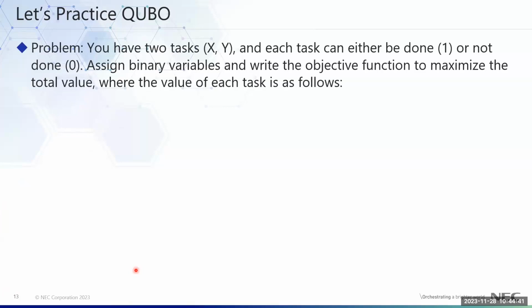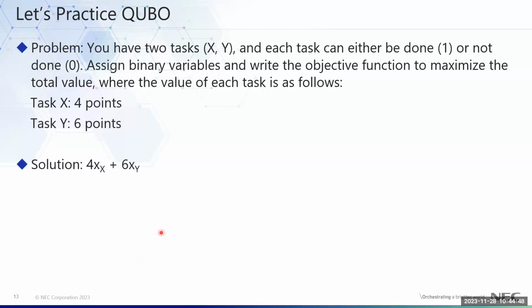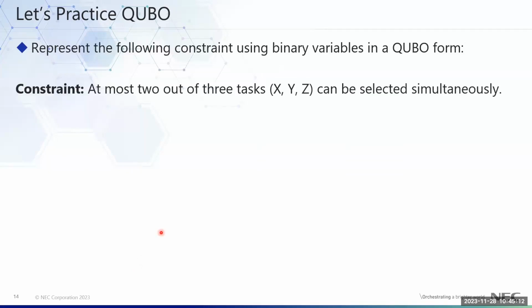Now, again very similar. Yes, we can do a quadratic example. This one's very similar. Now, we change the language here, and we say now represent the following constraint using binary variables.